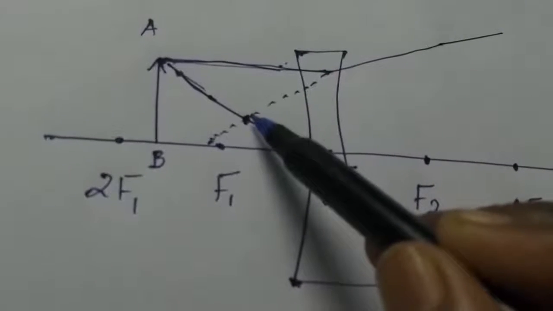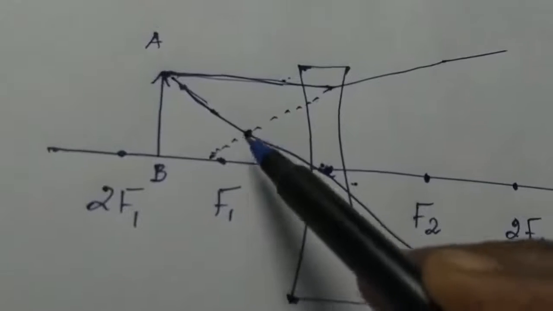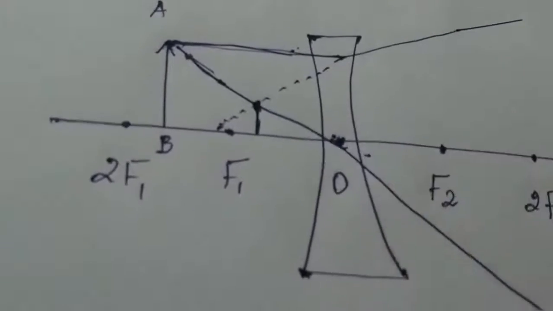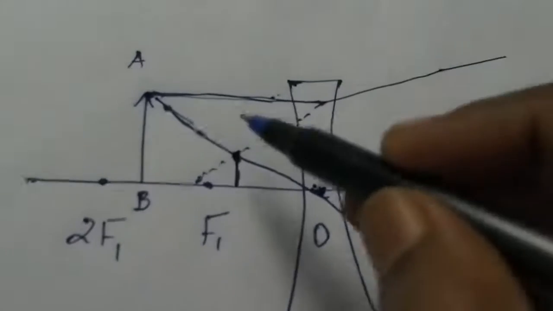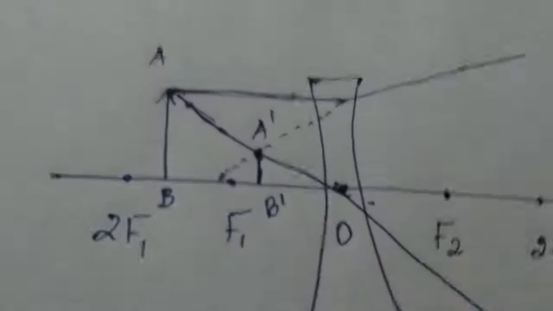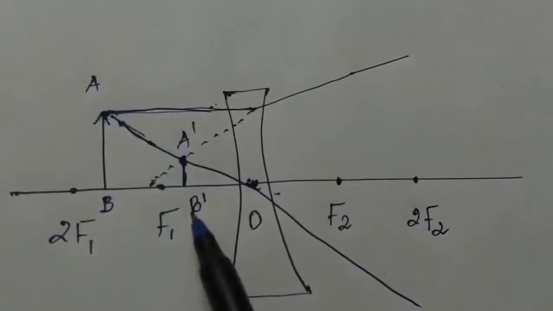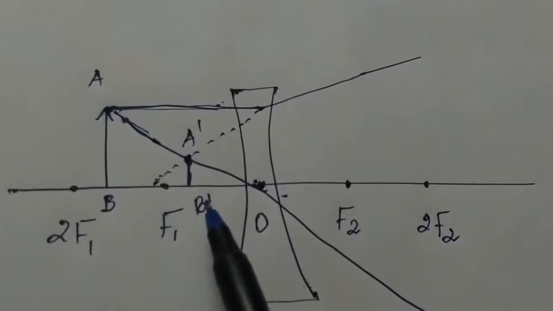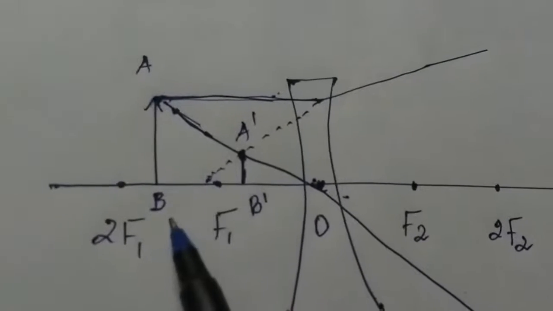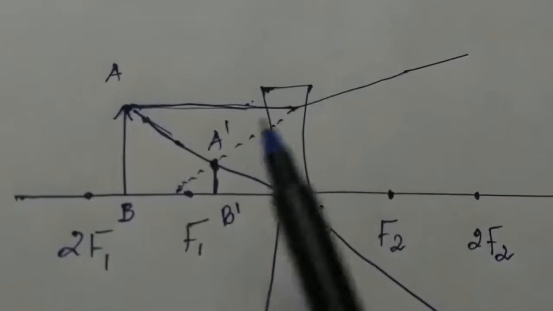The point of intersection is known as the image of the object, A dash, B dash. Students, A dash, B dash is the image. A and B is the object. The image is formed between the object and the concave lens.